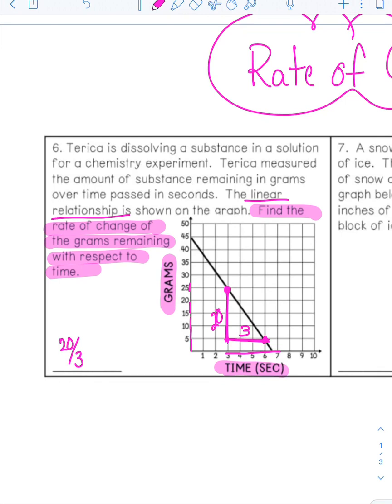But if it's a real world situation, you can divide that and get the decimal. So you can either leave it as 20 over 3 grams per 3 seconds, or I'm going to divide it. 20 divided by 3 is approximately 6.6 repeating grams per second. So that's how you do rate of change in a real world situation.